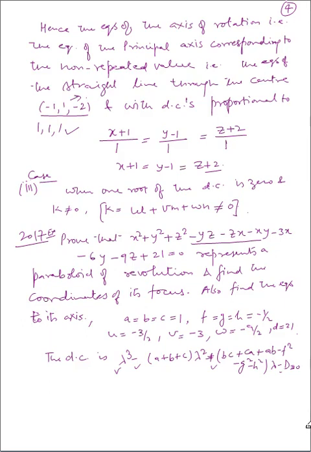So we get the equation lambda cube minus 3 lambda square, and this one, this is 3 and minus 3 by 4. So that becomes 12 minus 3 means 9 by 4, minus 9 by 4 lambda is equal to 0. So this is the discriminating cubic.